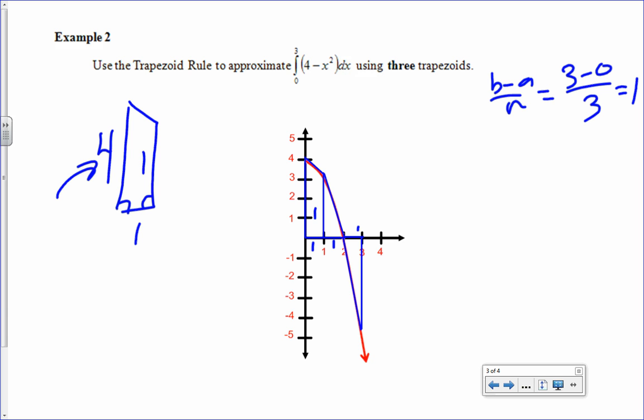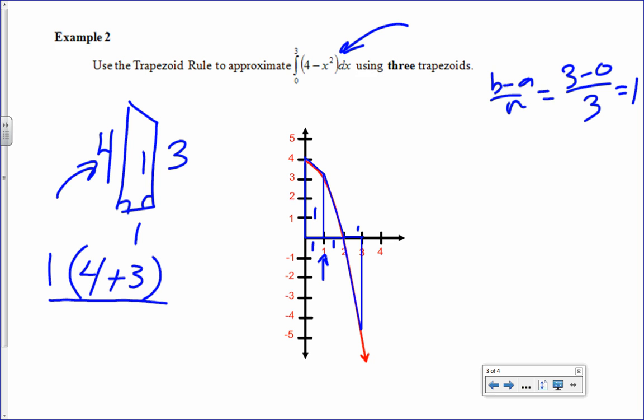And then the right-hand side I would figure out by putting in the right-hand side of that trapezoid, which happens to be right here, at 1. So if I put 1 in there, I find out that we get 3. So once again, there's these y values coming in again, right? So if we use the formula, it would be 4 plus 3, which is base 1 plus base 2 times a height, divided by 2, otherwise known as 7/2.